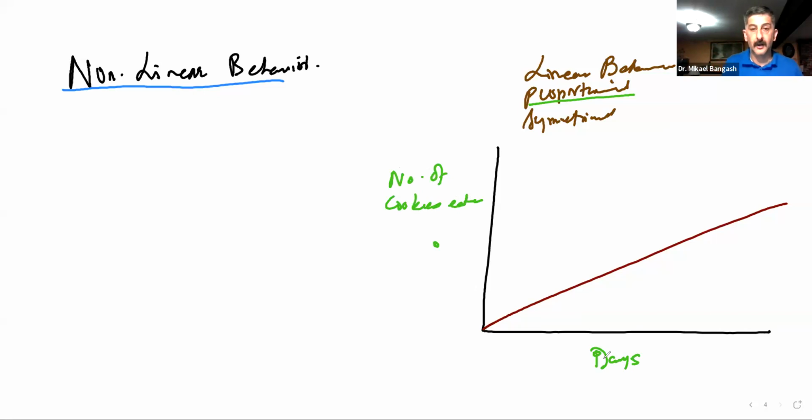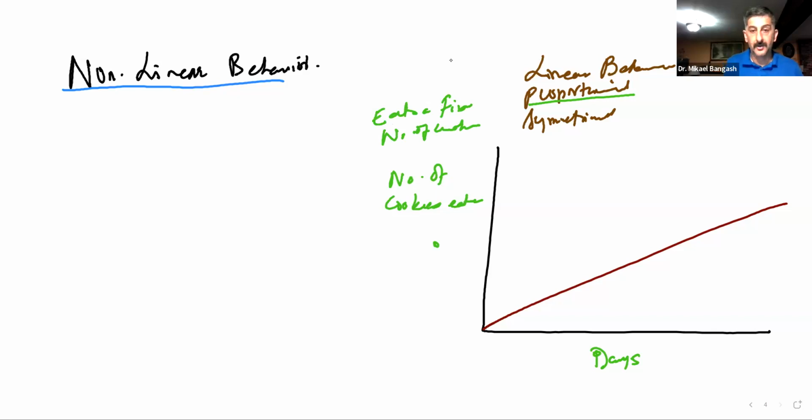If the person we are talking about eats a fixed number of cookies daily, clear?